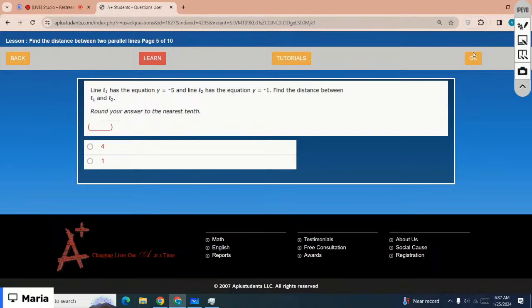Find the distance between L1 and L2. Yes, that is 4. The correct option is 4.